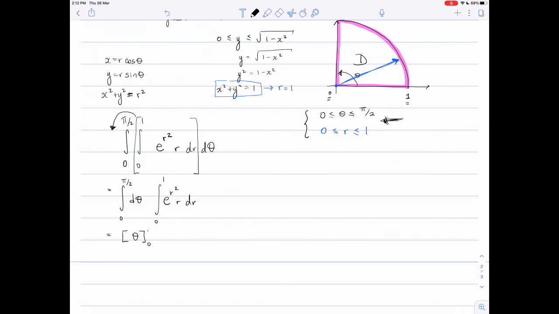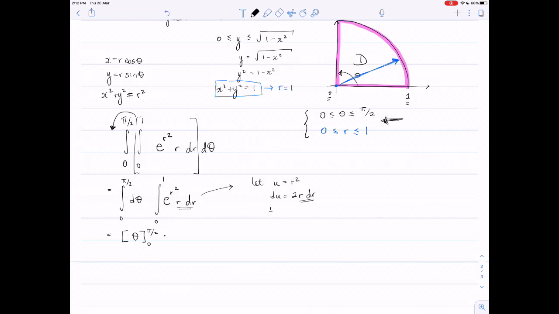We're going to run that from 0 to pi over 2 times, and then for this integral, let's do just a little u substitution. So let's let u be r squared, so that du is 2r dr. And what do you know? r dr is sitting right there in our integral for us.